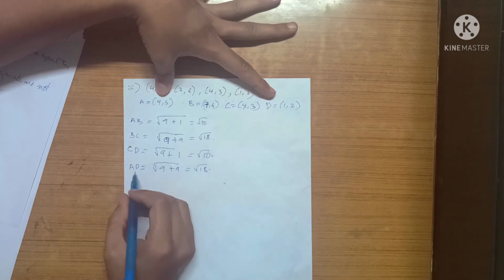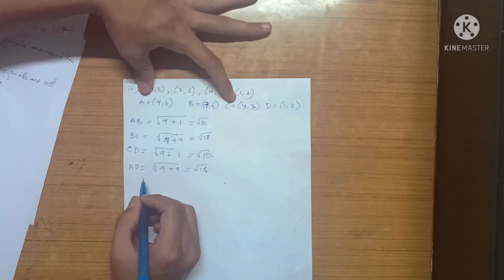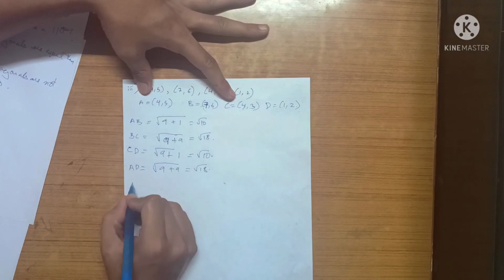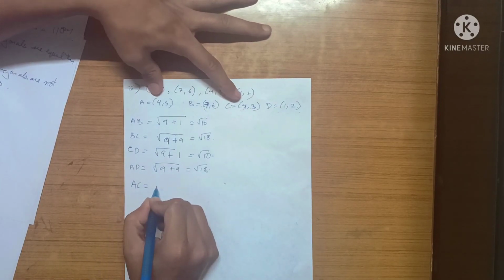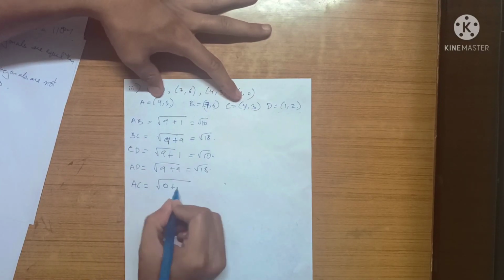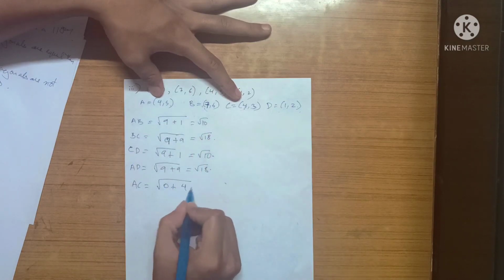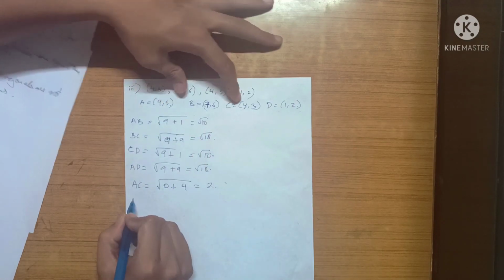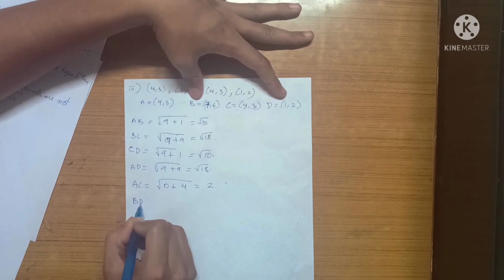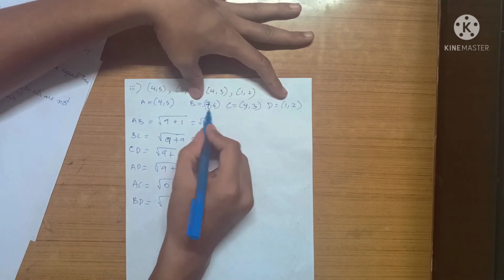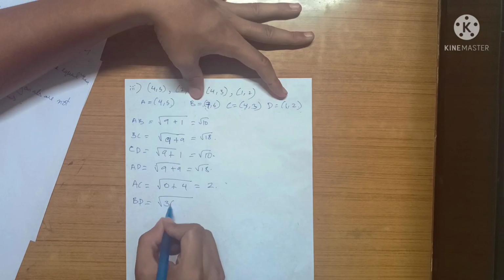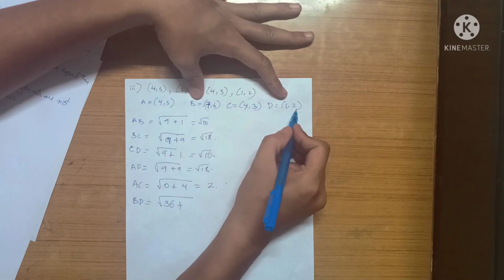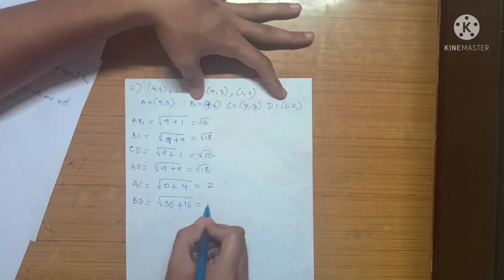So it's either going to be a rectangle or a parallelogram. Let's see. Let's find AC, then BD, okay? 4 minus 4 is 0. 5 minus 3 is 2, 2 squared is 4. And then BD. 7 minus 1 is 6, 6 squared is 36. 6 minus 2 is 4, 4 squared is 16.